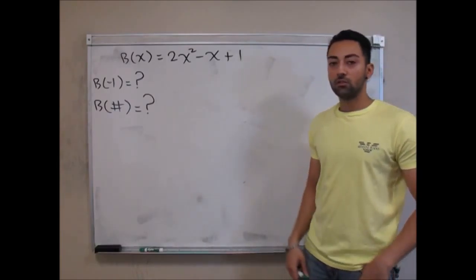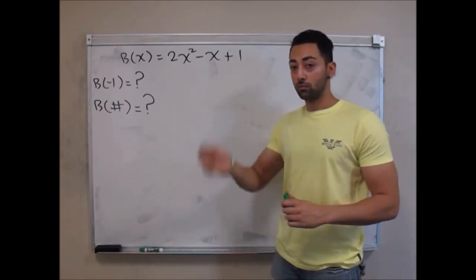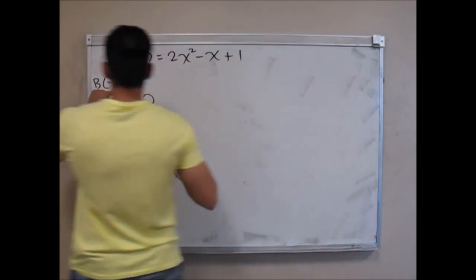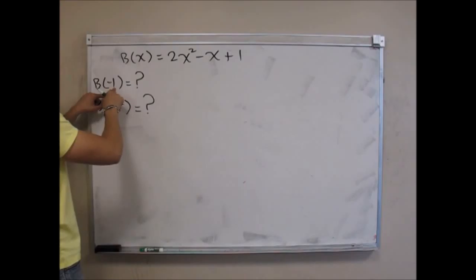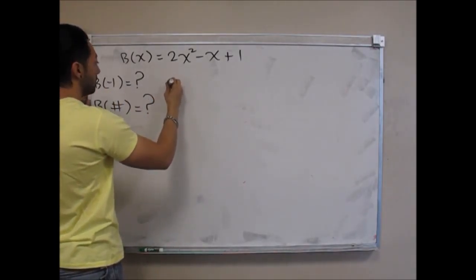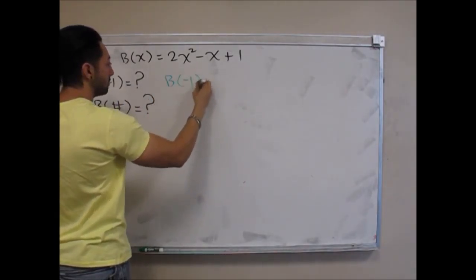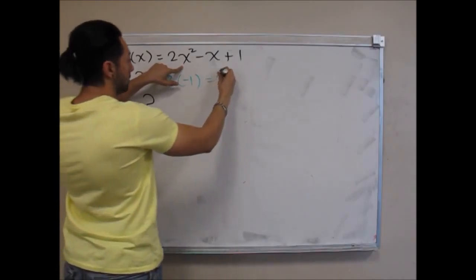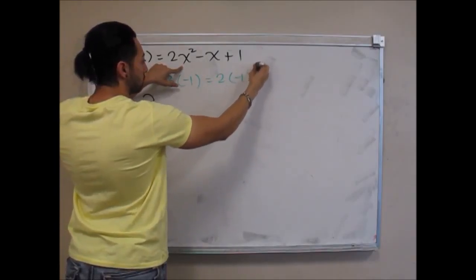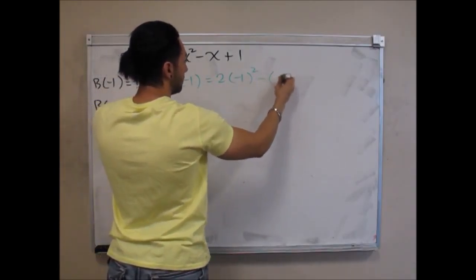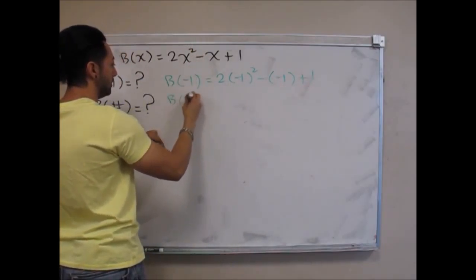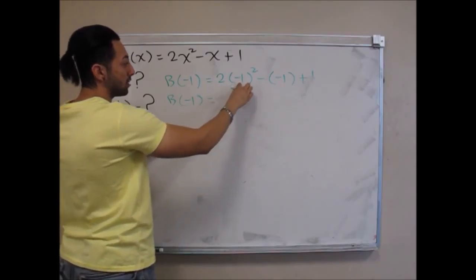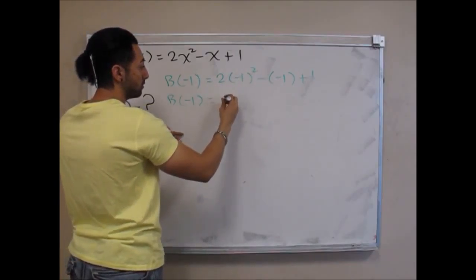Okay, so b of negative 1, this is pretty similar to the previous example. So we're going to replace everywhere we see an x on the right side of the equation with a negative 1. So b of negative 1 would equal 2 times negative 1 squared minus negative 1 plus 1. Negative 1 squared would be a positive 1.